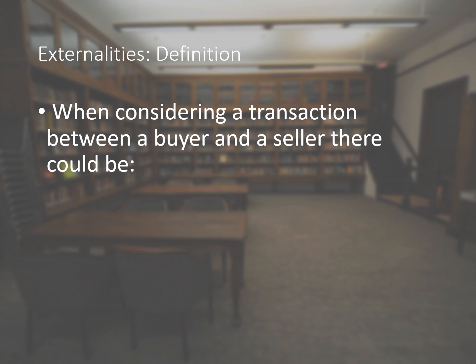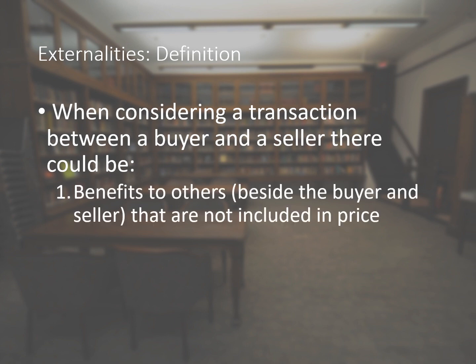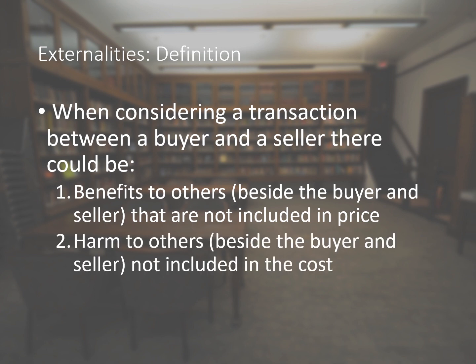So first, let's give a definition of an externality. When you consider the transaction between a buyer and a seller, there could be one of two situations. There could be benefits to others besides the buyer and the seller that are not included in the price. Or there could be harm to others besides the buyer and the seller, not included in the costs.